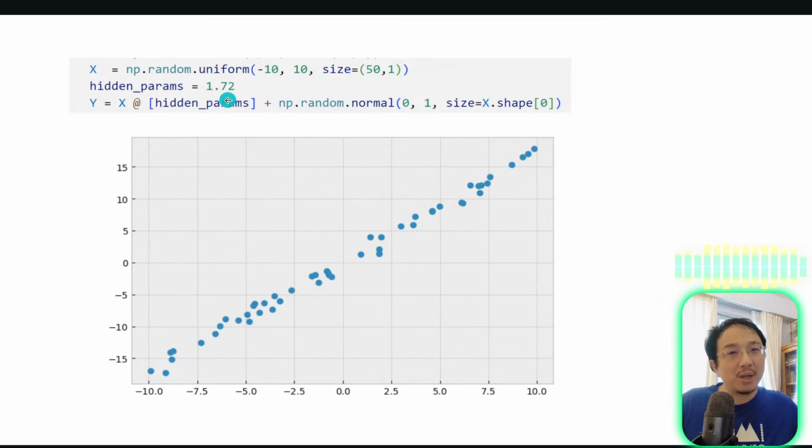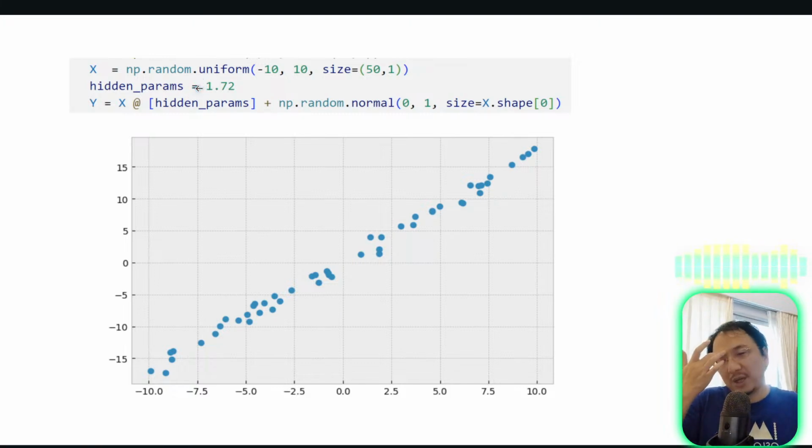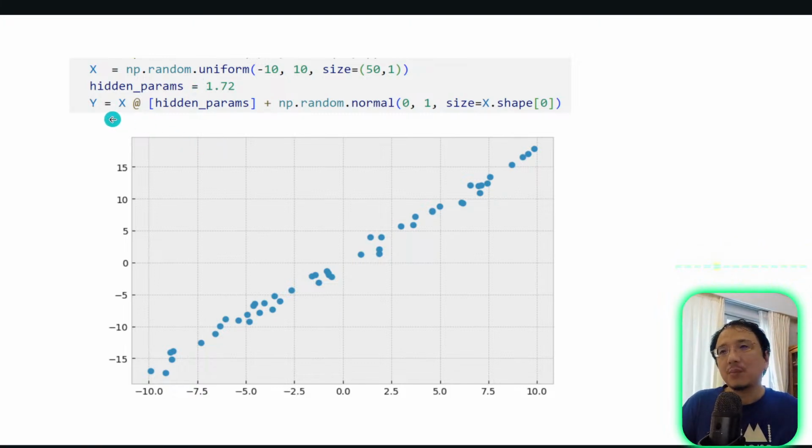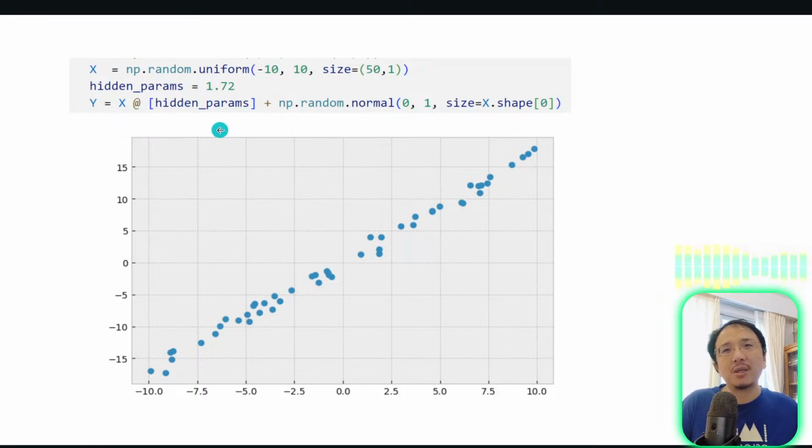However, because this one is just a toy example, we actually know the true answer here. We choose one like 1.72 to make it sort of difficult to guess. We control our dataset by using X times the hidden parameter, and to make it a little bit more realistic, we add some noise right here.